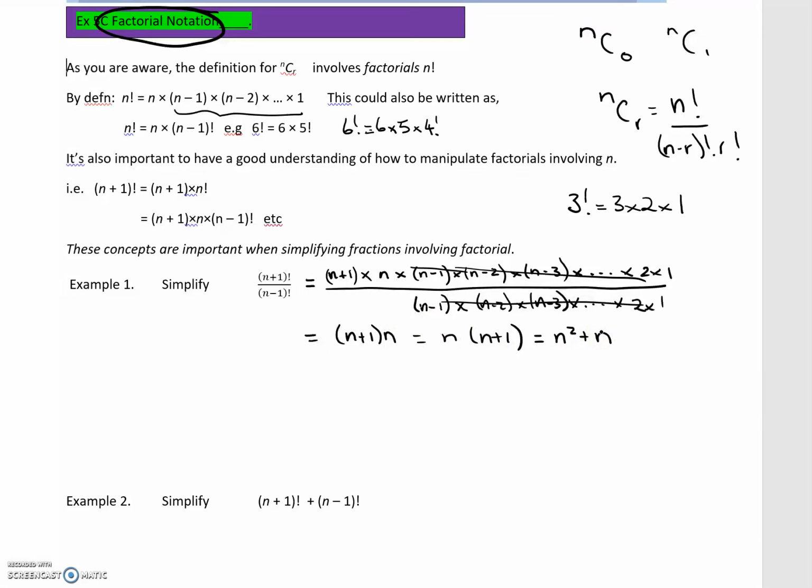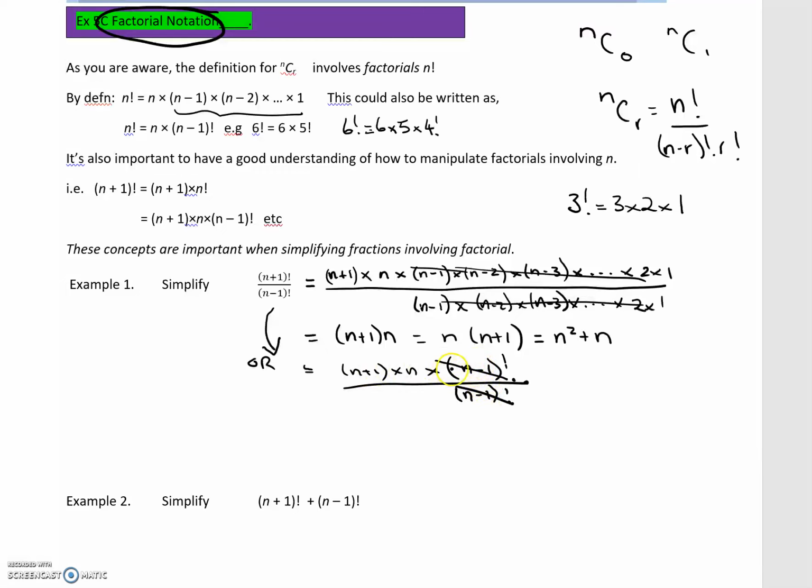I just want to say that we could have simplified some of this by working to just n plus 1 times n minus 1 factorial as the numerator, and we really wouldn't need to do anything with the denominator, and knowing that this term and this term are identical, we can cancel them out.